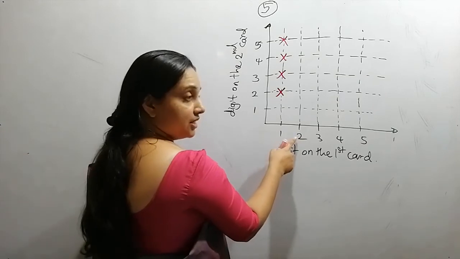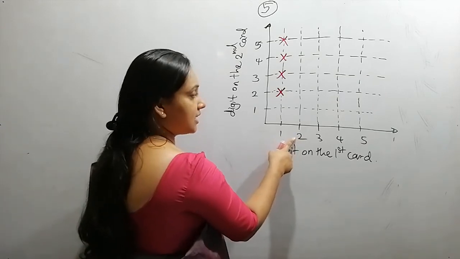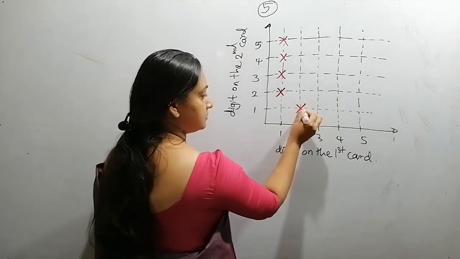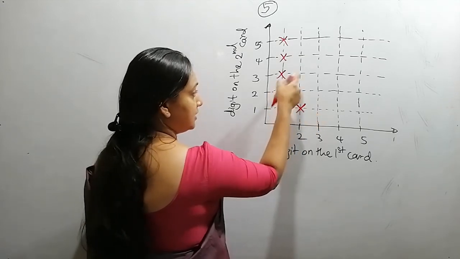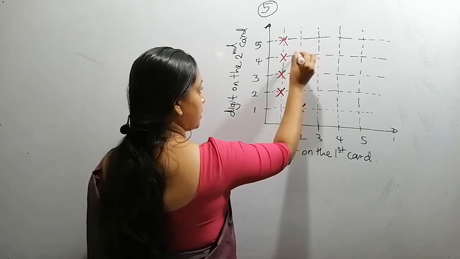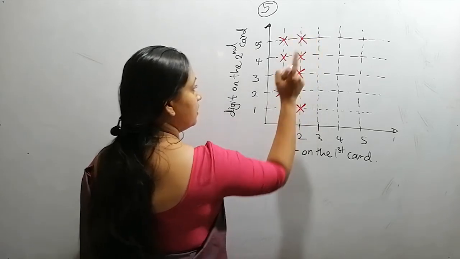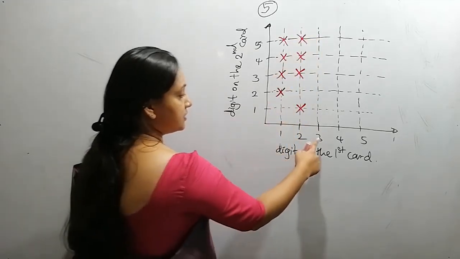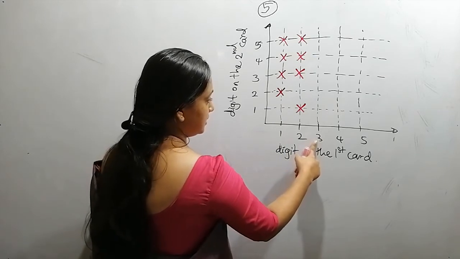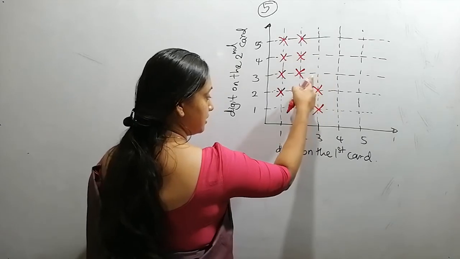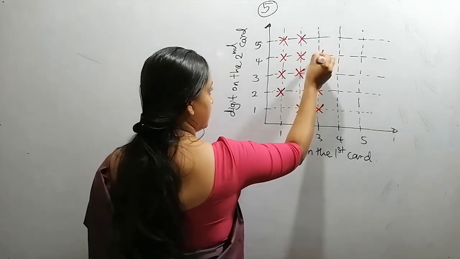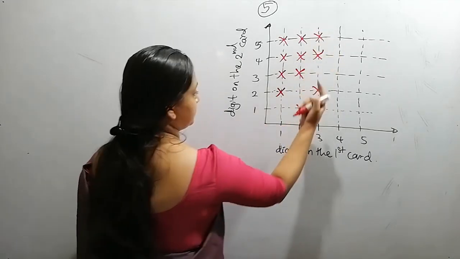If the first card is 2, the second card can be 1, but the second card cannot be 2. The second card can be 3, 4 or 5. If the first card is 3, the second card could be 1 or 2, but it can't be 3, and it could be 4 or 5.